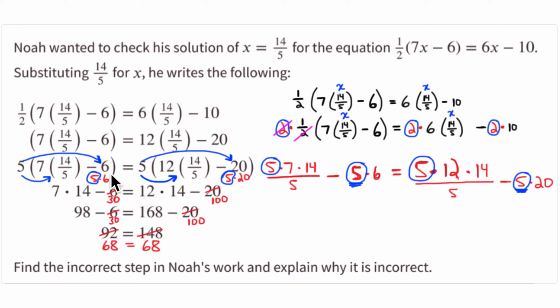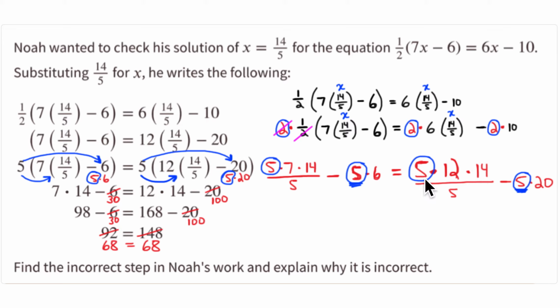He has to multiply the second factor by 5 as well, and he does the same thing on the right side. I'm going to get rid of this 5 right here in the denominator by multiplying by 5. So 5 times 12, you can write this as times 14 over 5. And the reason I'm doing that here is it's easier to see the 5's that's multiplied by this term, and then it gets canceled.